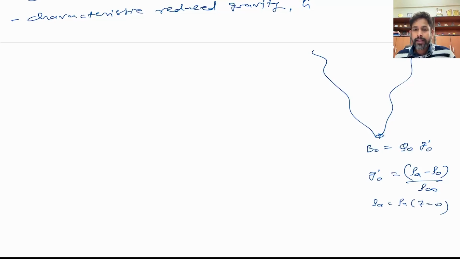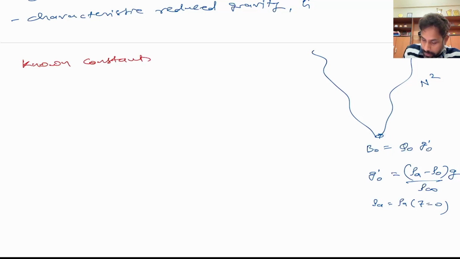All right, so that is the G prime naught, which is also multiplied with G. So B naught is a known quantity, and also we know the N value, or to be precise, N square. So the known constants are B naught and N, right?